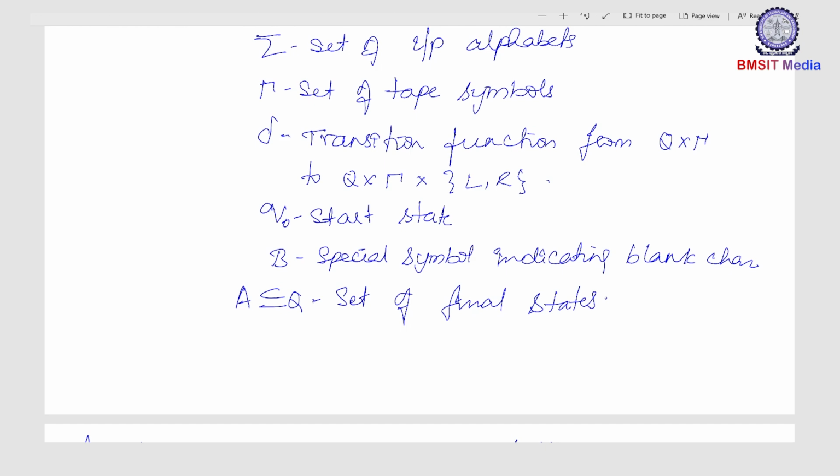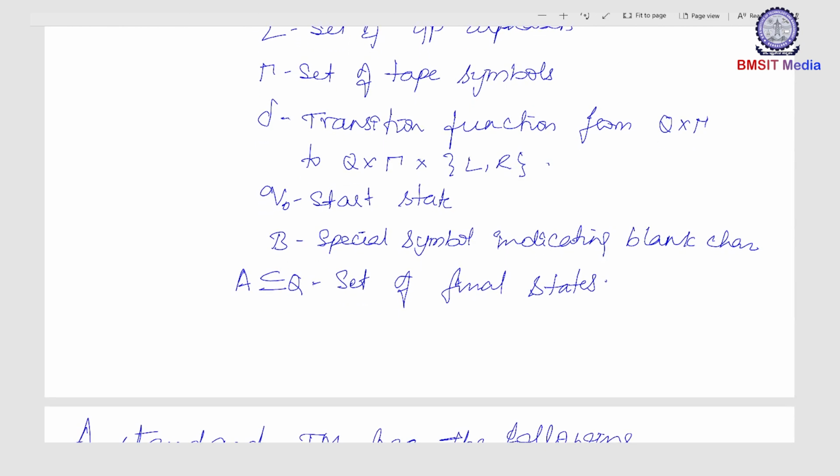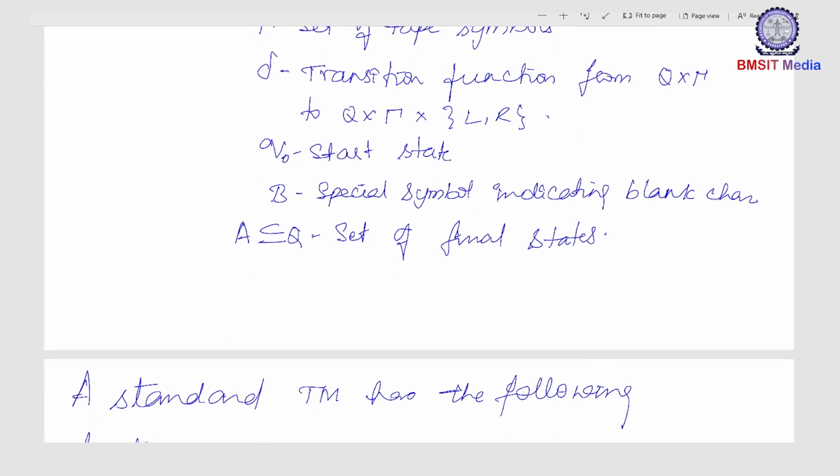It indicates the blank character. A or F, which is a subset of Q, is the set of final states.